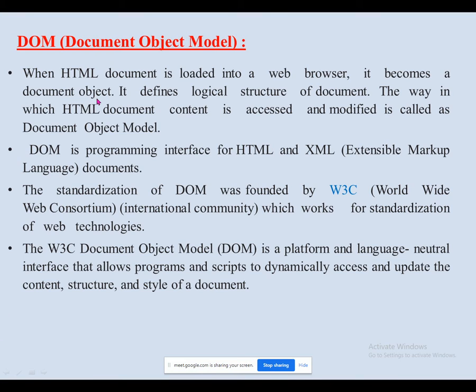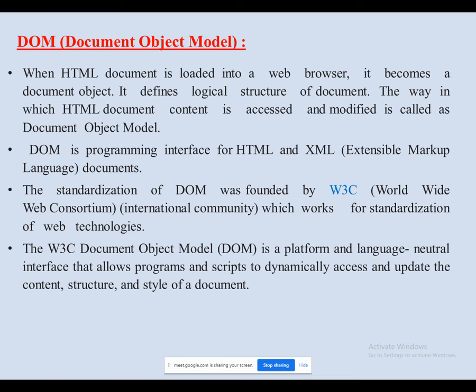Maybe you'll get: dash defines the logical structure of the document. Okay, and the way in which HTML document content is accessed and modified is called document object model. So here document object model is nothing but a facility, a platform, an interface given by the system to manage the content and display of your web page.